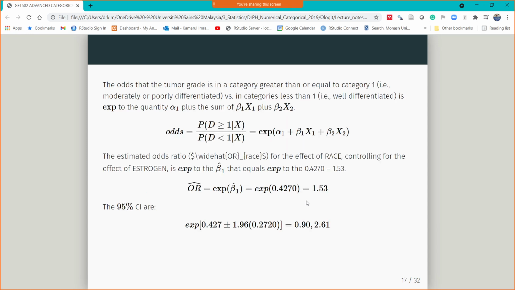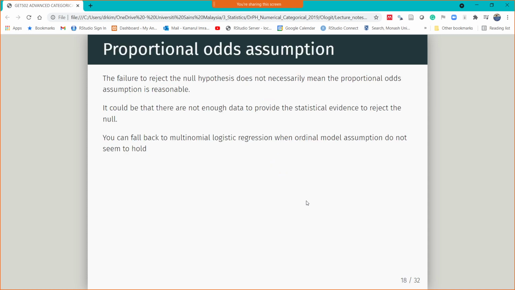However, it does not come cheaply. Okay, it will come with an extra assumption, the proportional odds assumption.